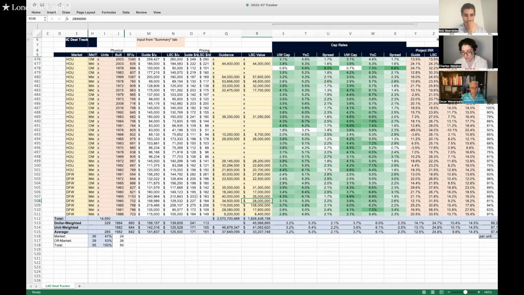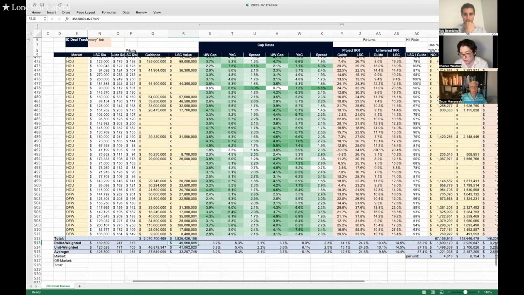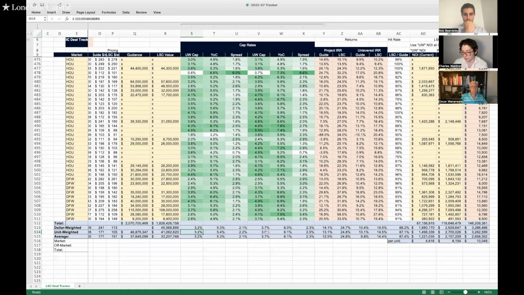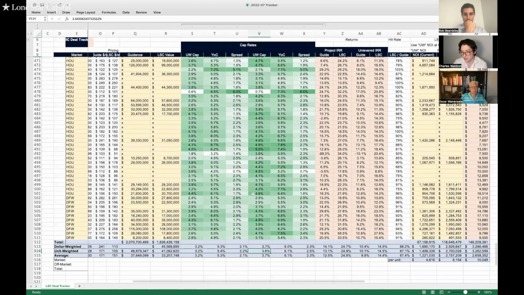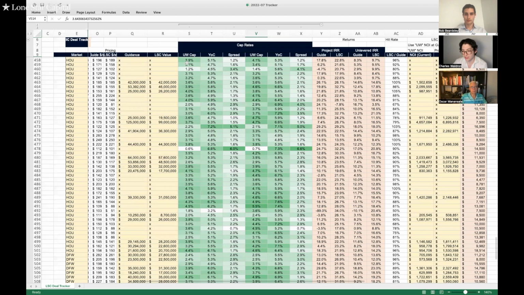Let's see here, what else? Cap rates. It's always tough because you're looking at the cap rates in the market, and it's 3.2 going-in cap rate typically, and even if we're looking to buy it, it was at 3.6. Now, this is actually in chronological order in terms of deals, so you can see it's a bit of a heat map.